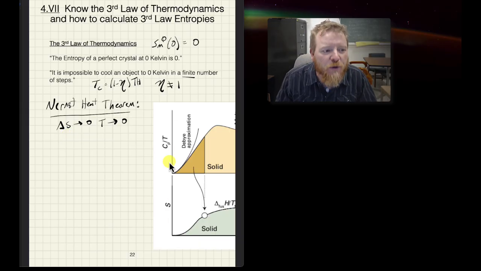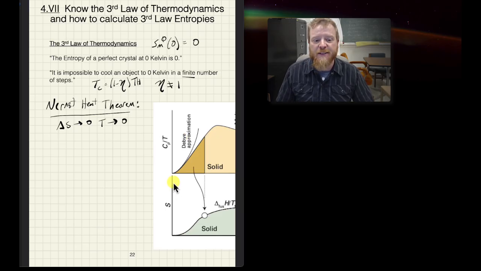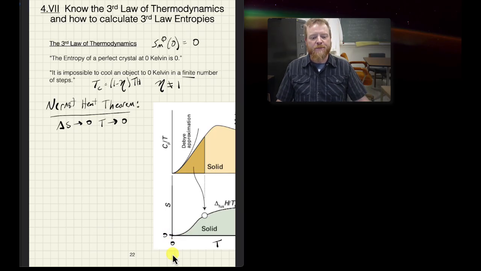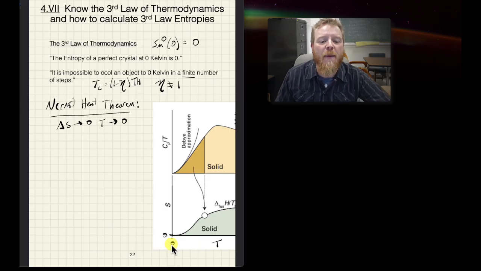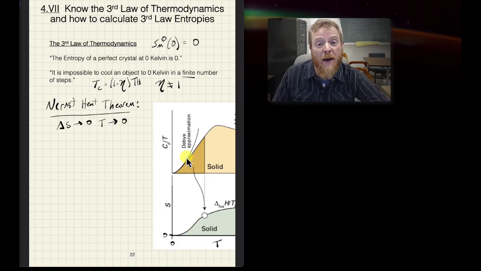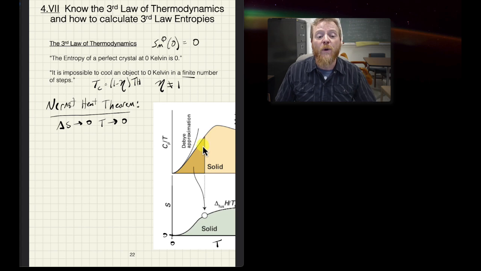Now I showed you these graphs in the last module, this idea of entropy decreasing as we approach 0 Kelvin. On the scale, that's temperature down here on the x-axis, and this is the origin, 0 Kelvin, 0 entropy. And the idea behind what's going on with this Debye approximation is we attempt to measure the heat capacity.